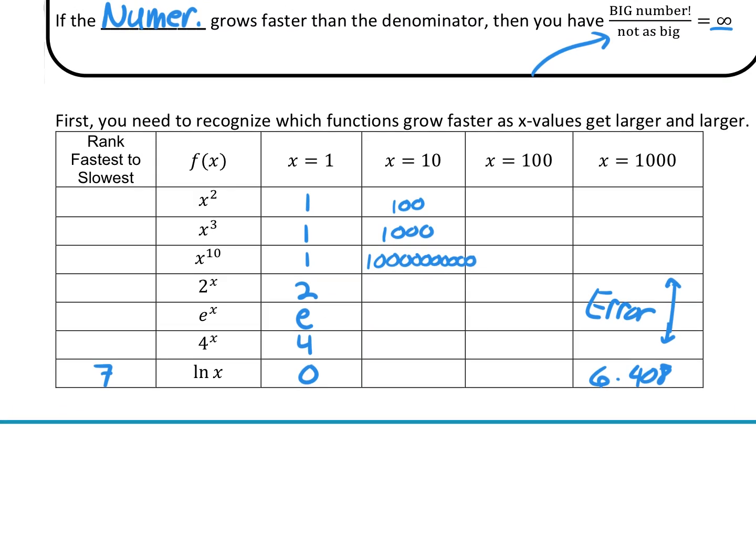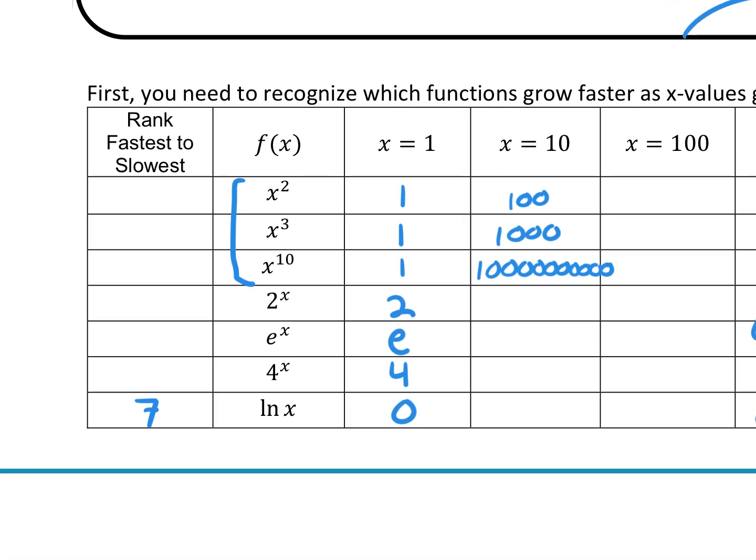The next smallest ones, as x gets super, super big, are going to be your polynomial functions. So x to the second, x to the third, and x to the 10th. We can say that x squared is the 6th one, x to the 3rd is the 5th one, and x to the 10th is 4th.